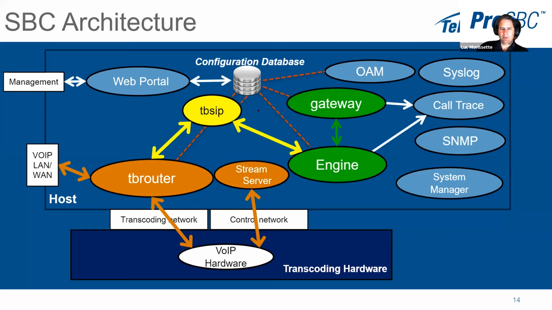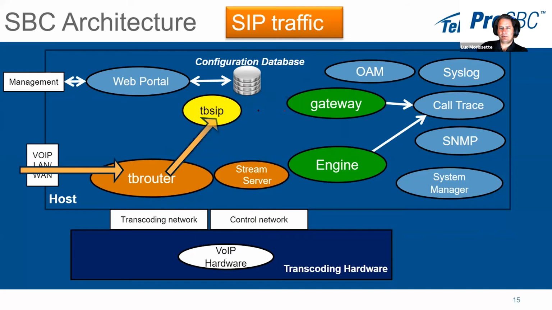Let me just show you some examples here. For SIP traffic, the SIP traffic will go through these interfaces, or the LAN 1 interfaces, through TB router. If it is accepted, it will be sent to our TB SIP application, then to engine, and then to gateway. You see there are two lines going to call trace, so both of these applications will write information in the call trace.